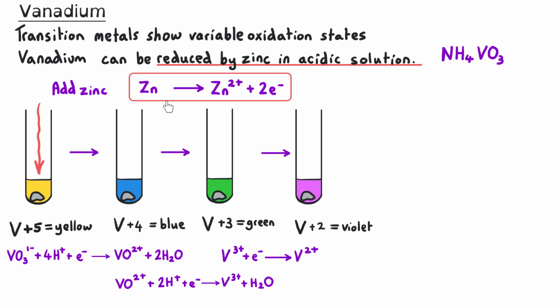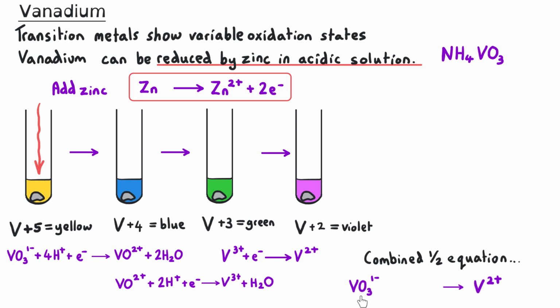You need to be able to combine the zinc half equation with any of these three vanadium half equations, or with more than one of these vanadium half equations at once. For instance, what is the half equation for vanadium +5 turning into vanadium +2? To do this, you start with the VO3 1- and we end with the V2+.